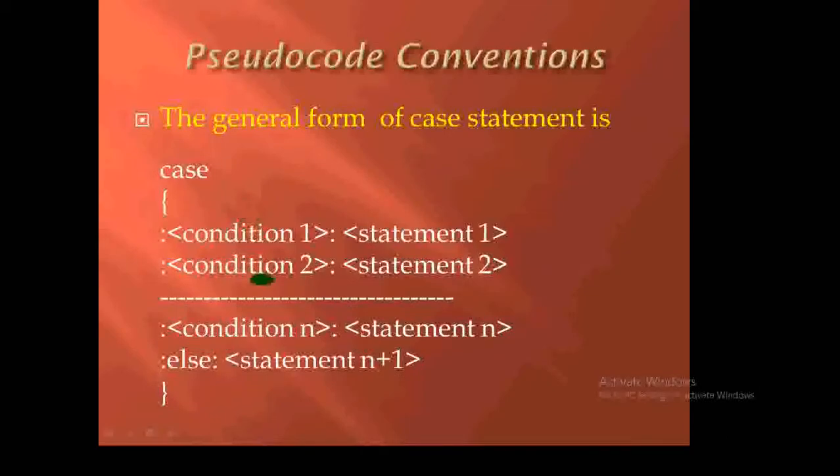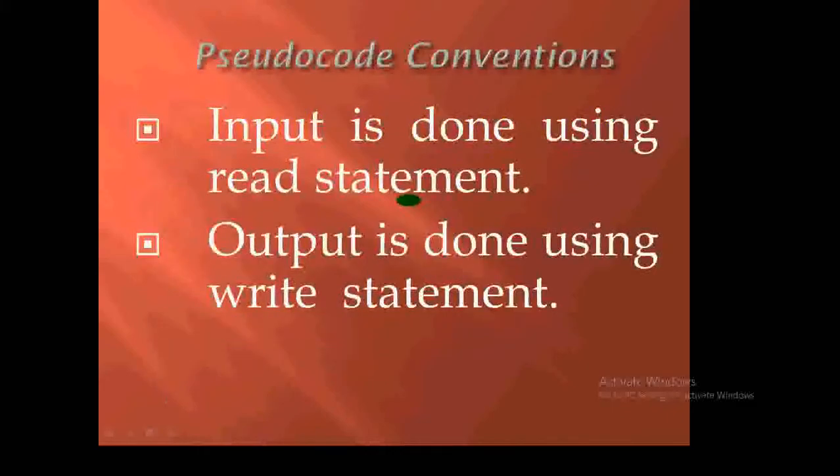Otherwise, if none of these conditions is satisfied, we move to the else part, and these are the statements to be executed. In the algorithm, when we want to read input from the user, we use the read statement. When we want to display output to the user, we use the write statement.